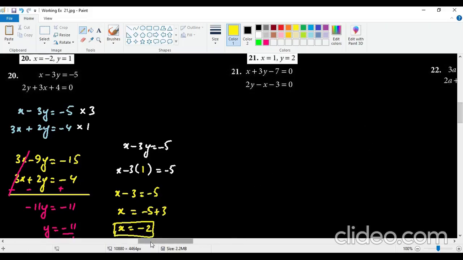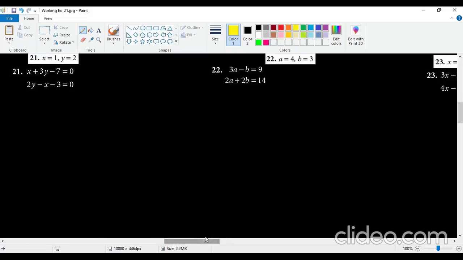Moving on to the next question. Question number 21. In here, I need to again rearrange both the equations. The first equation I will write as x plus 3y equals negative 7, and I will write minus x first, and then plus 2y equals positive 3.